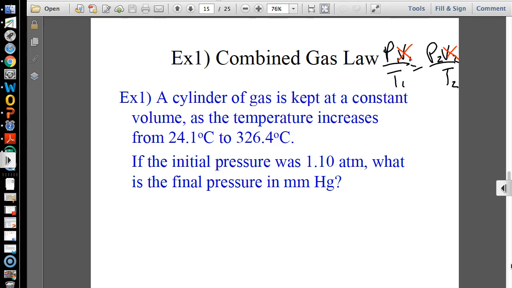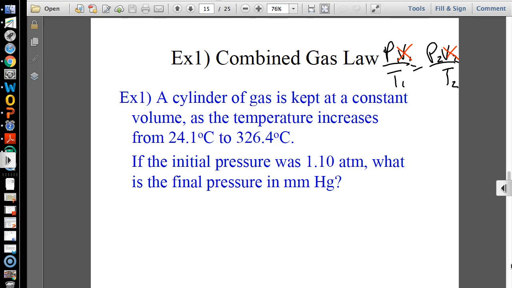As the temperature increases from 24.1 degrees Celsius to 326.4 degrees Celsius. As I'm reading the question, I'm piecing this together as I read. As soon as I see anything about temperature in Celsius, what do I need to do? Get your little calculator out before you start the problem. Get your stuff straight before you start.